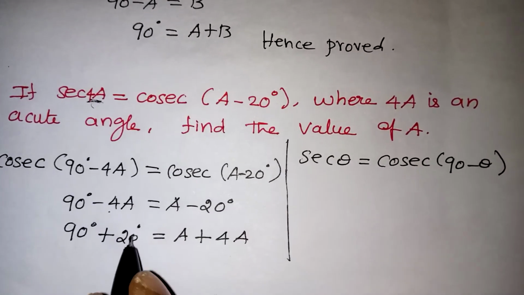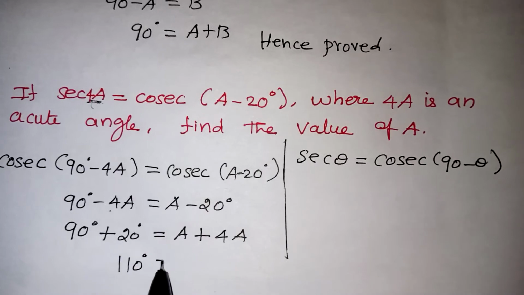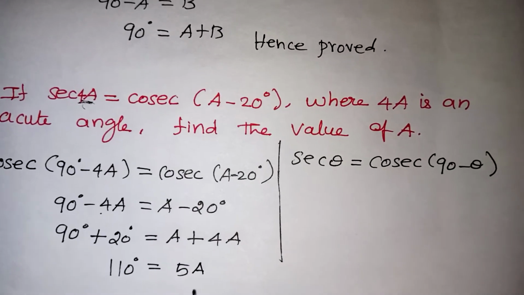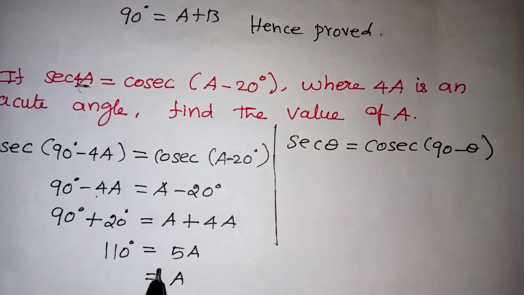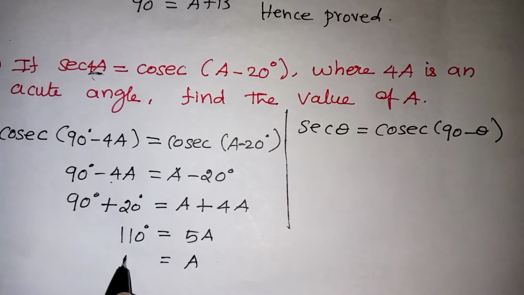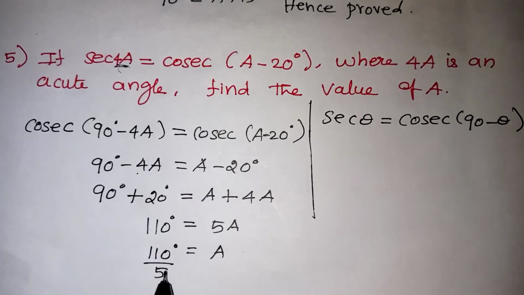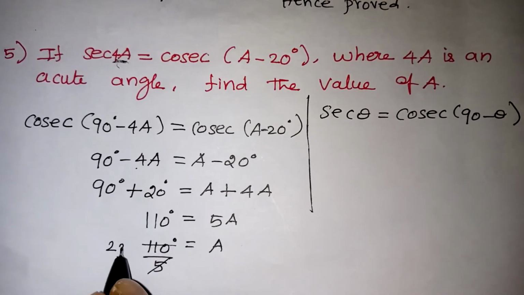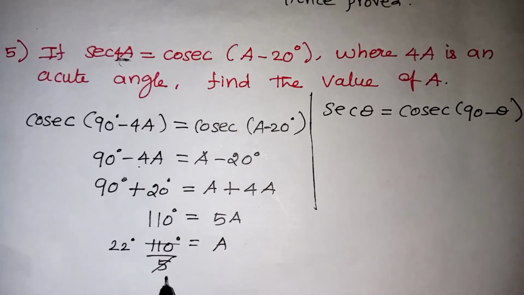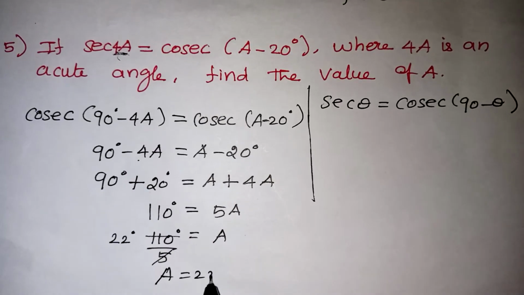So 90 plus 20 will give you 110, which is equal to 5a. So a is equal to, this multiplication 5, bring it to this side, that will become division. So 110 by 5. If you cancel, 5 2s are 10, 5 2s are 10. So 22 degrees we are getting. So a is equal to 22 degrees, your correct answer.